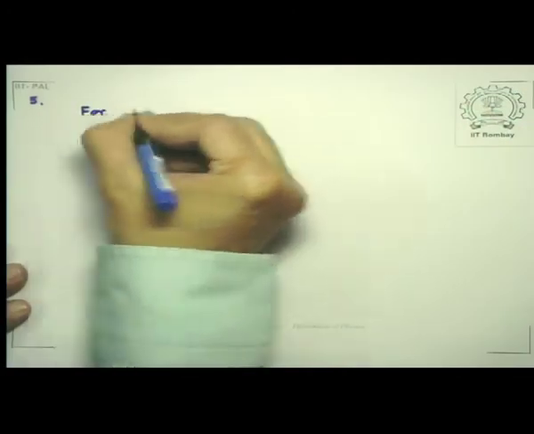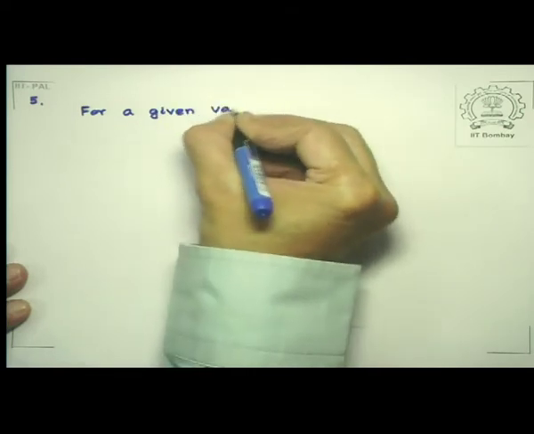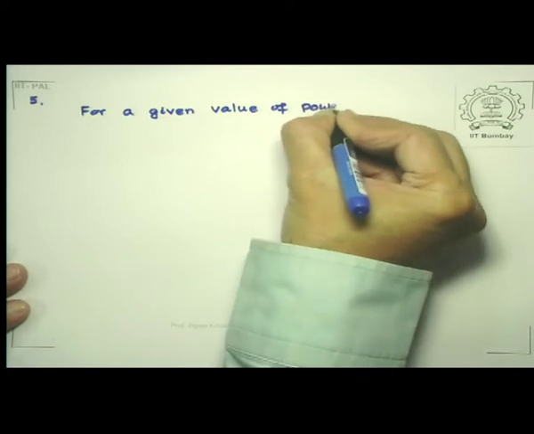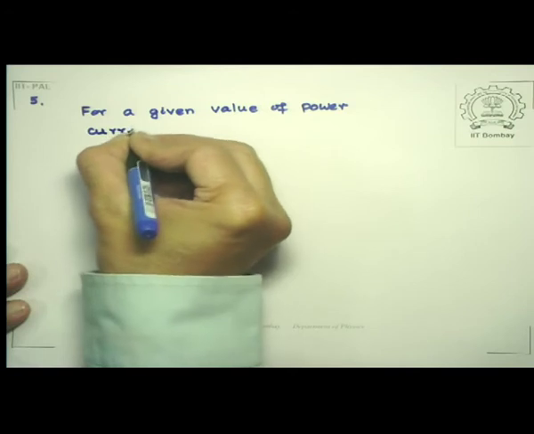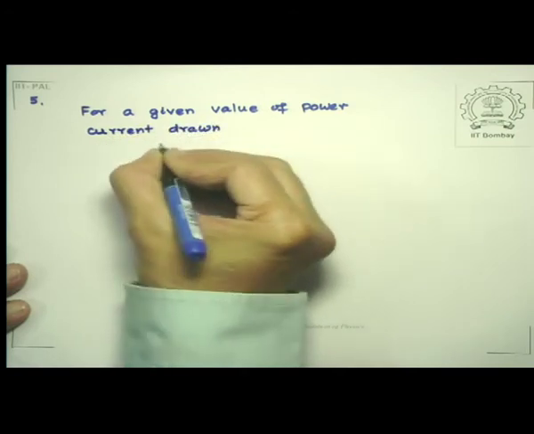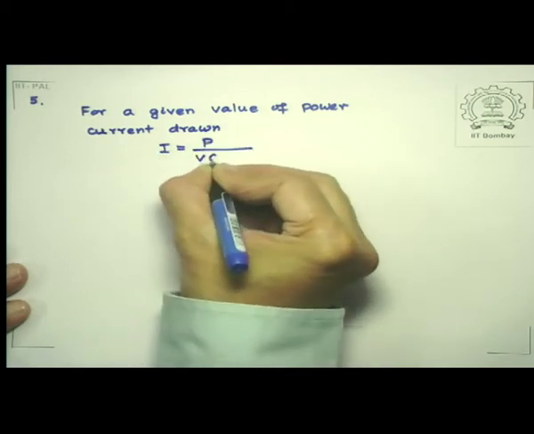Now, for a given power, the current that is being drawn from the source is given by P divided by V cos phi.